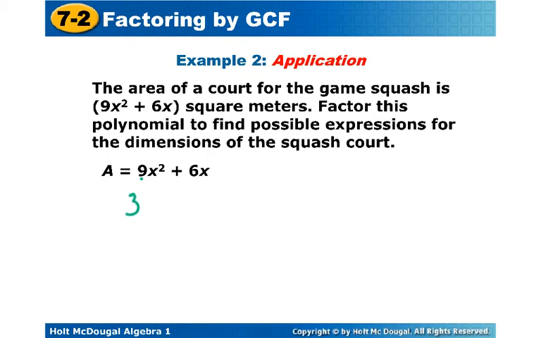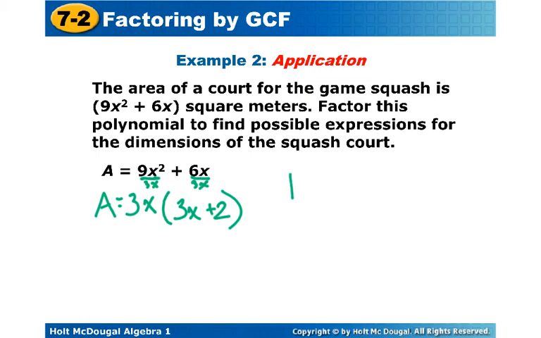And then you have x squared and x. Well, I can take an x out of both of them too. So if I take 9x squared and divide by 3x, you get 3x. And if I take 6x and divide it by 3x, you get positive 2. So your area could equal 3x times 3x plus 2.